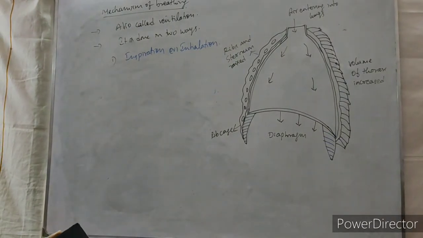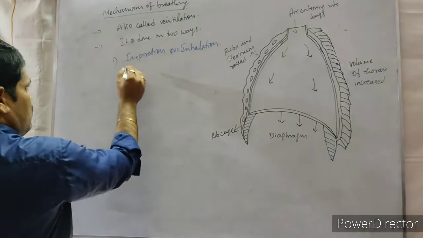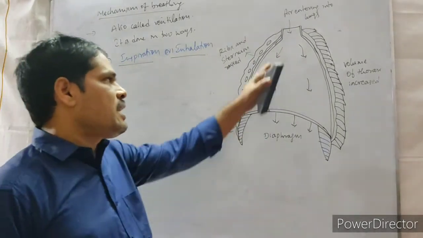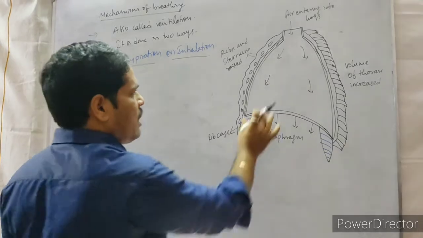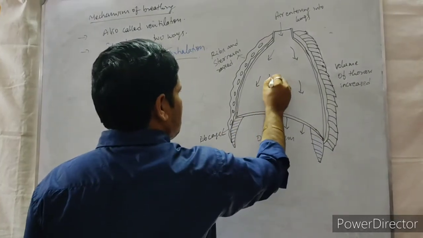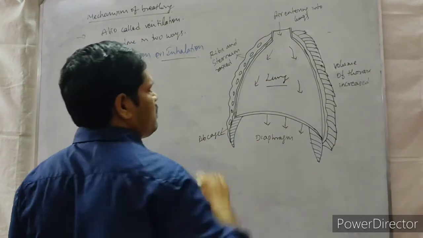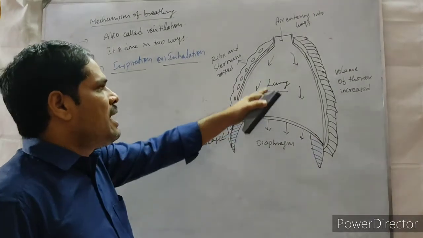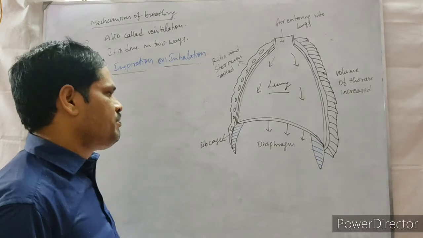Now, what is inspiration? How is the mechanism done? You see the diagram. This is the lung, one of the lungs. How is the air entered during respiration?